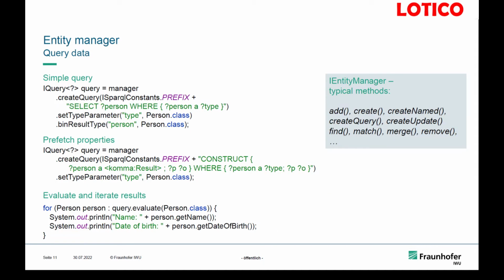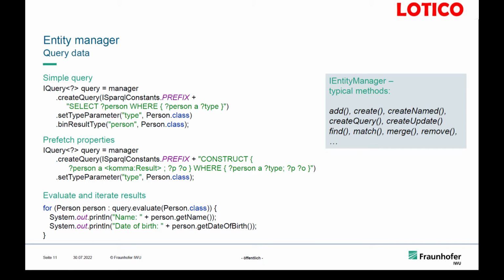Now the next layer is the entity manager. Here I want to show some examples of how you can query the data. You use the manager to create queries, SPARQL queries in this example.